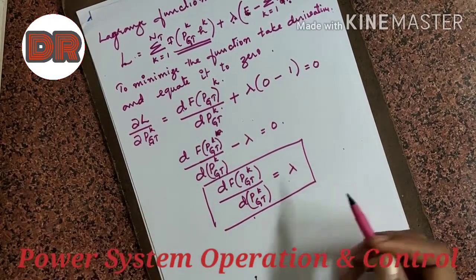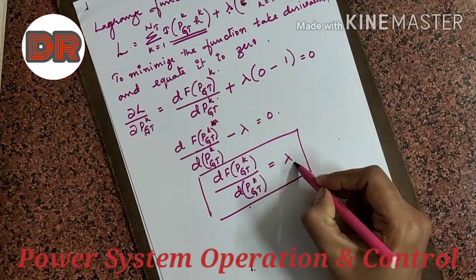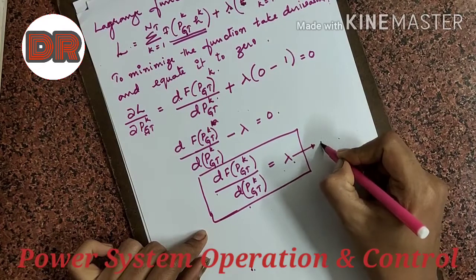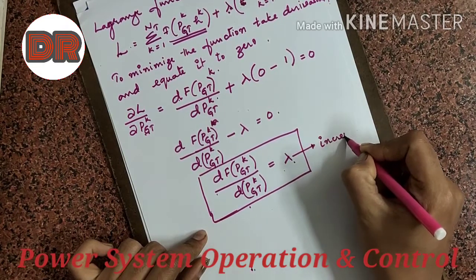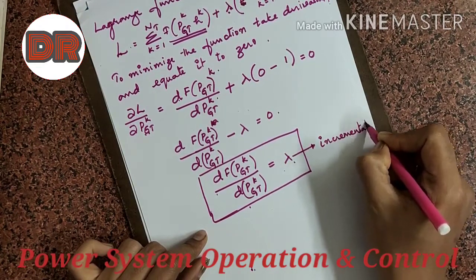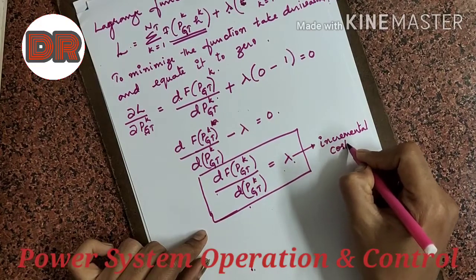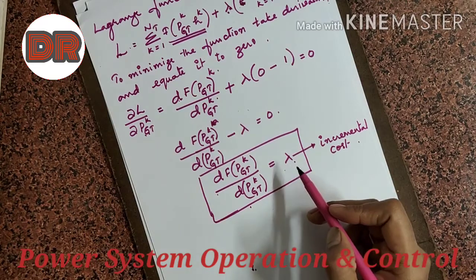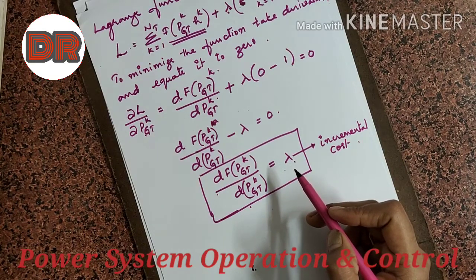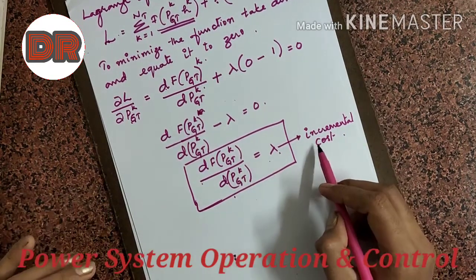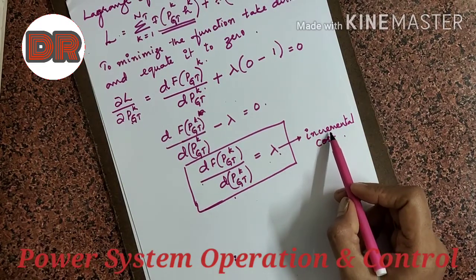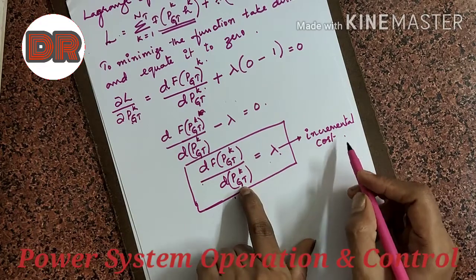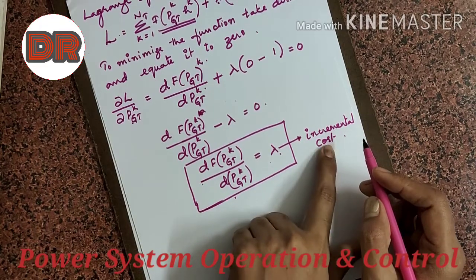So we have written a Lagrangian multiplier function from this. So this is incremental cost. In general, we call lambda the Lagrangian multiplier, but particularly for this algorithm, we say this is the incremental thermal plant cost function. So it is an incremental cost.